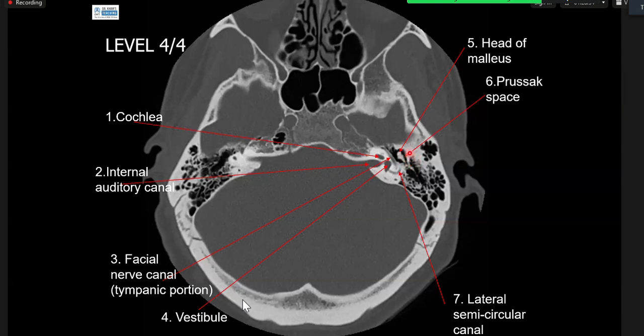This is the Prussak space, which is extremely important, because if you see a cholesteatoma sitting here, you have to tell the examiner that it is sitting in the Prussak space. This is a portion of the lateral semicircular canal. This is the facial nerve canal, which is sitting next to the internal auditory canal.